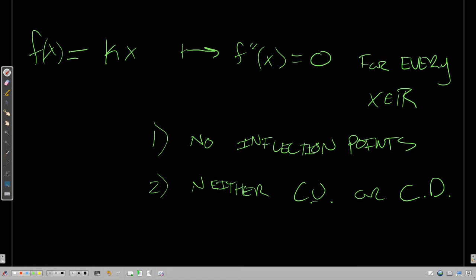It's certainly not going to be concave up or concave down at a particular point, because the second derivative is 0 for every point. So none of those points can be inflection points because it doesn't change concavity anywhere, and it can be neither concave up nor concave down anywhere because the second derivative is 0 everywhere.